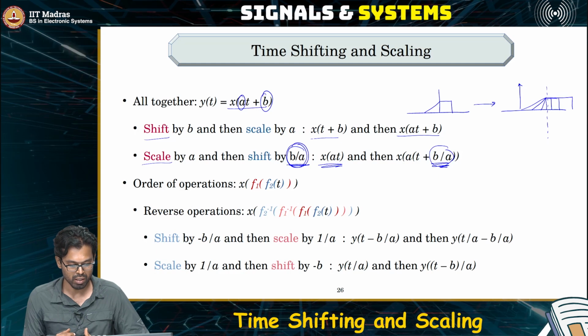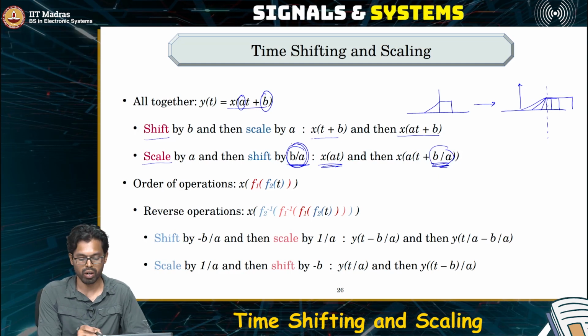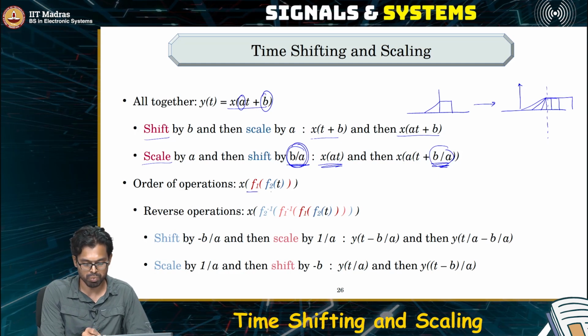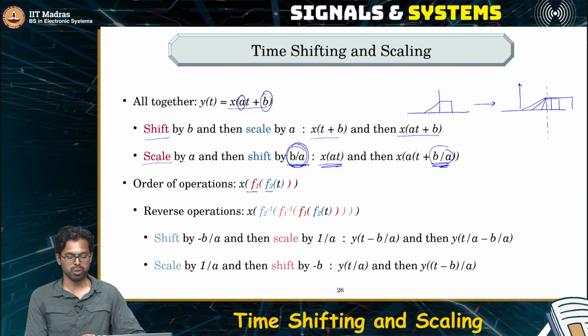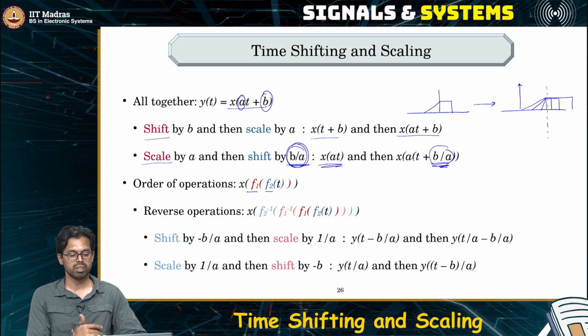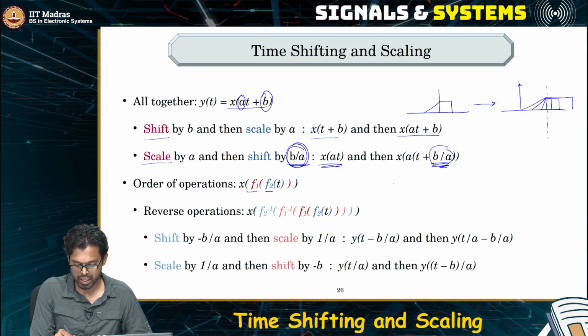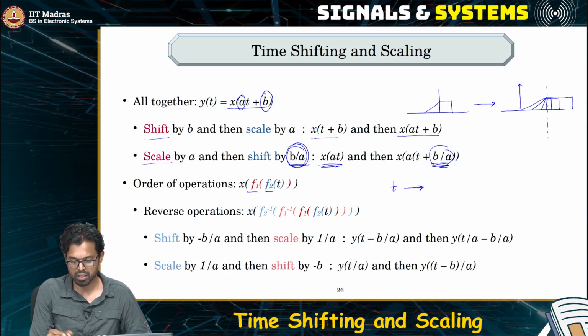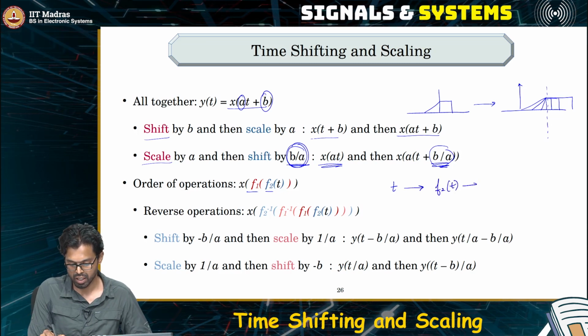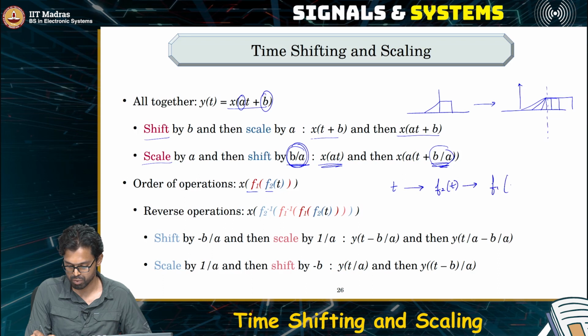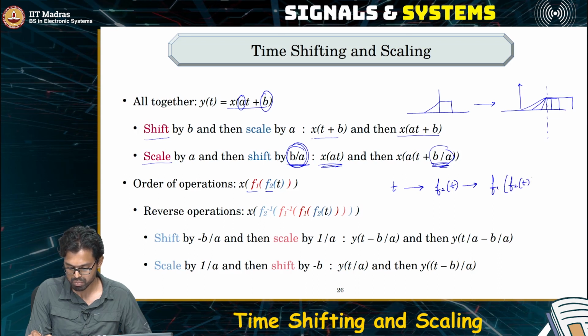So why is this required? If you see what is going on, essentially you're performing two operations, function 1 and function 2. Function 1 can be shifting. There is this t, and this t gets modified by f2 of t, and then it gets modified as f1 of f2 of t.